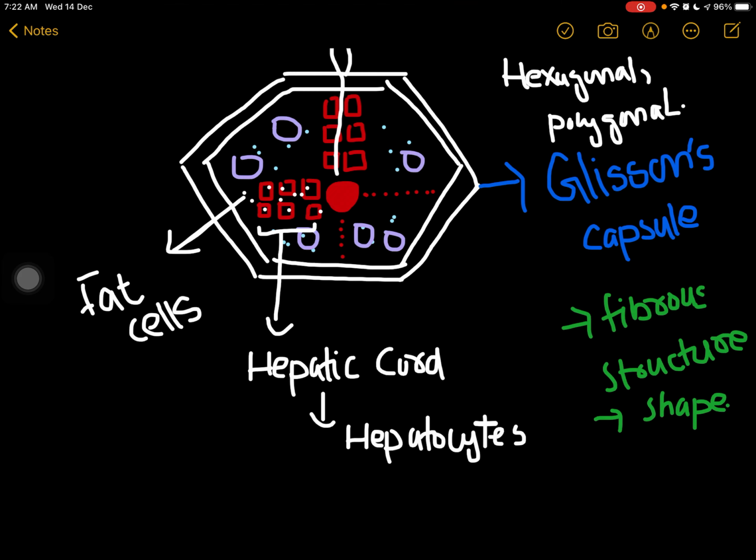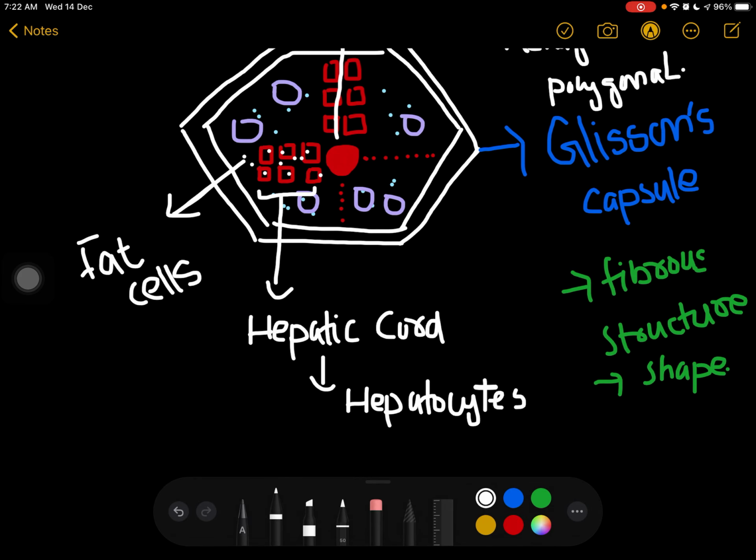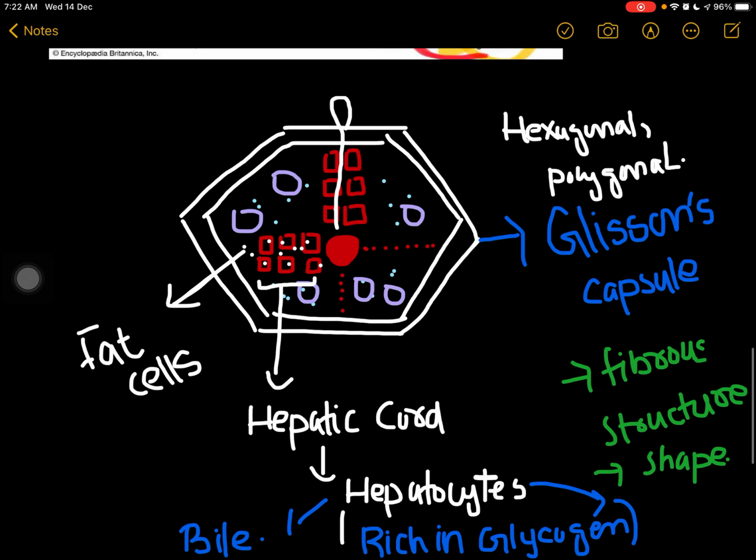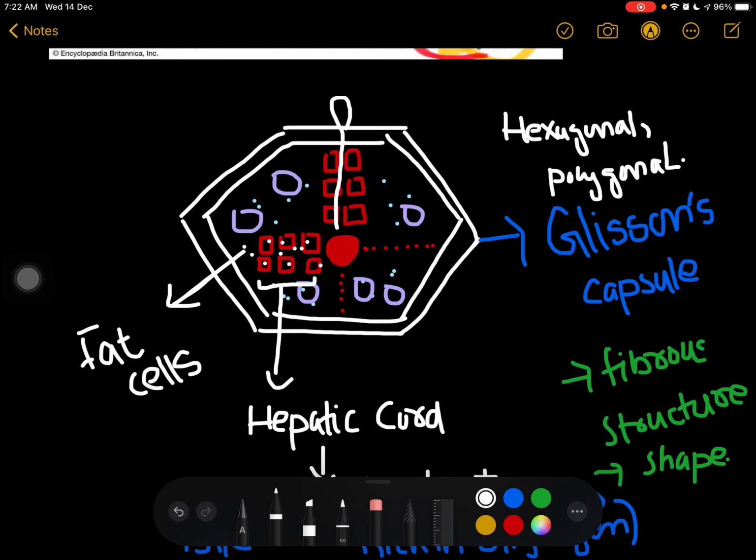These hepatocytes are rich in glycogen, and they produce bile. In between them there are sinusoids.